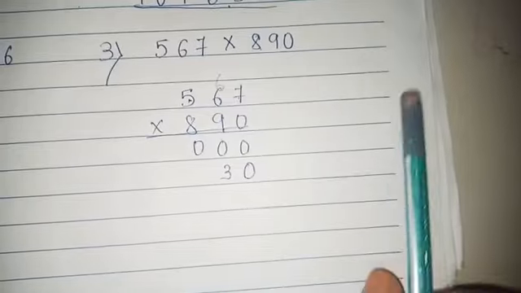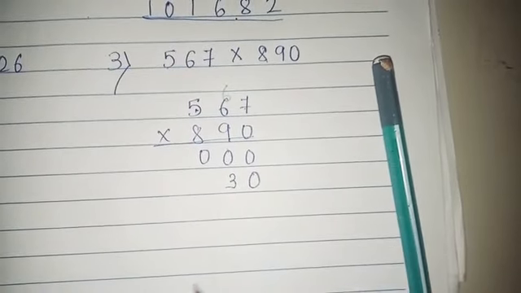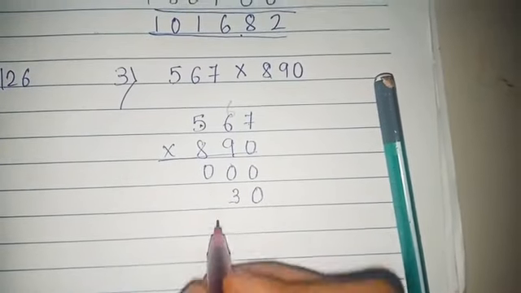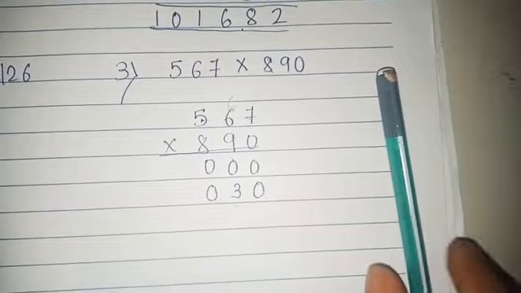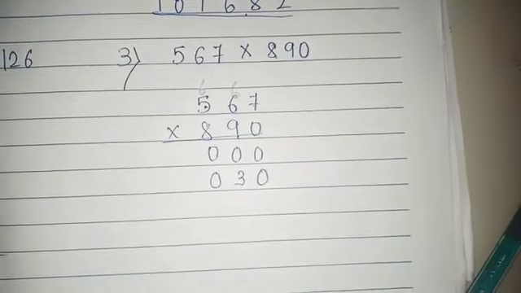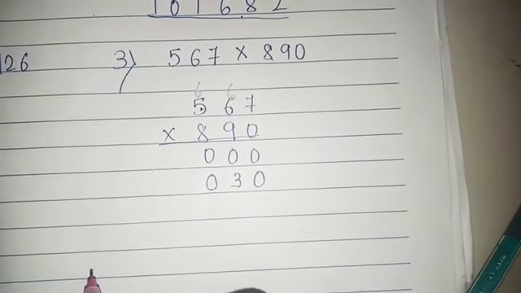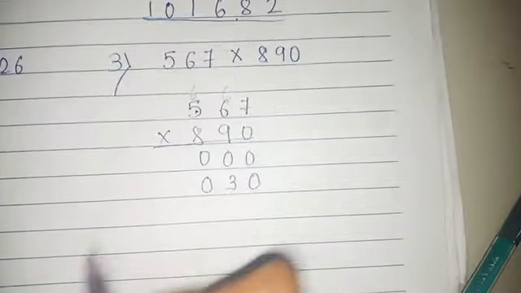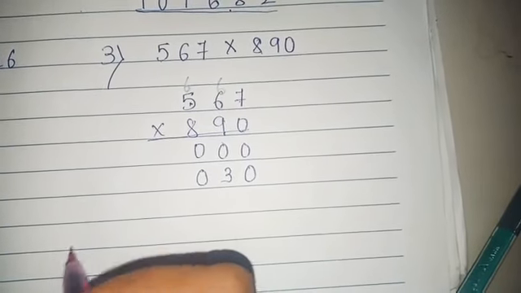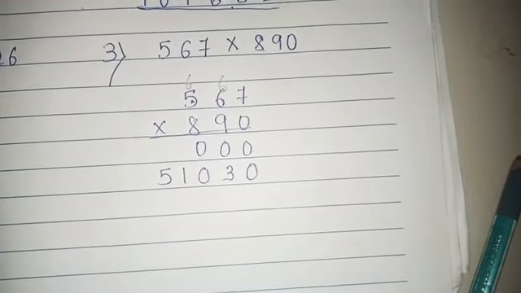Understood? Now 9 6s are 54. 54 plus 6 is 60, right? So 0 will come here and carry forward 6. Done. Now 9 5s are 45. 45 plus 6 is 51. So I will directly write 51 over here.